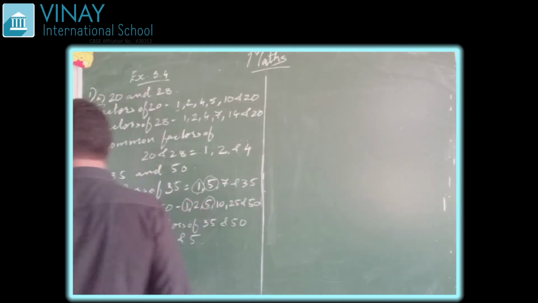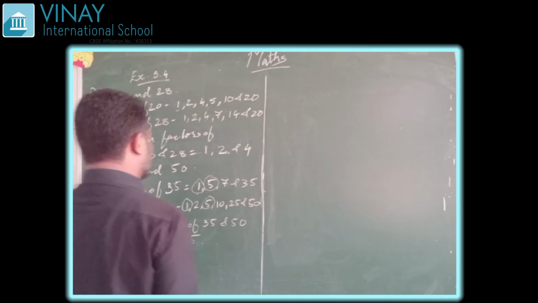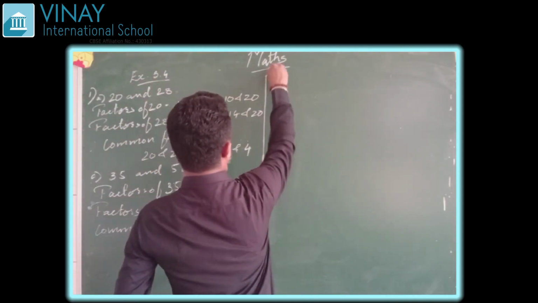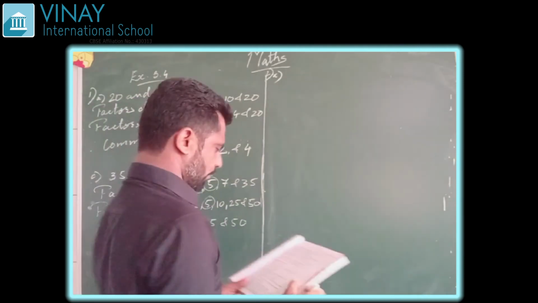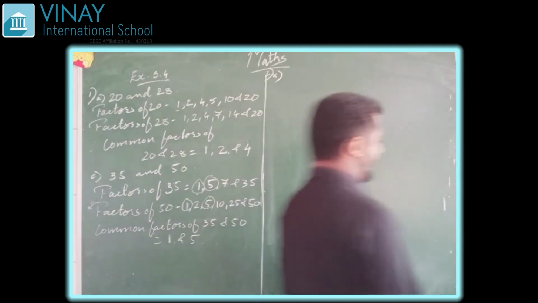Question number 2 is find the common factors of 4, 8 and 12.